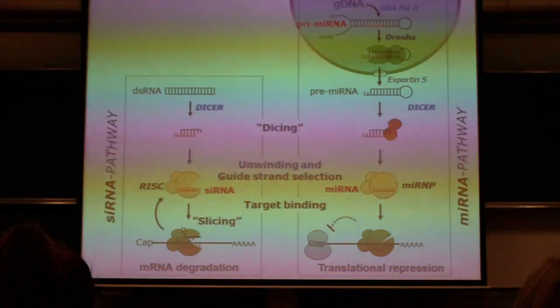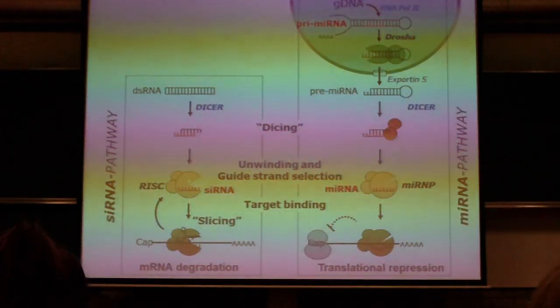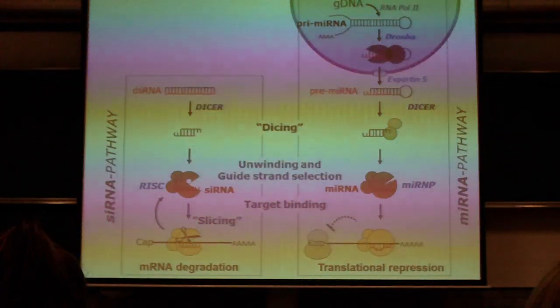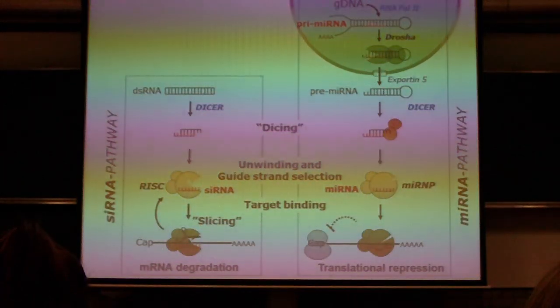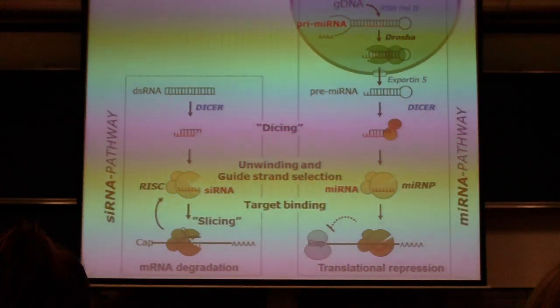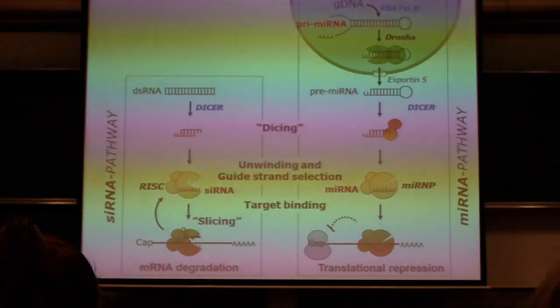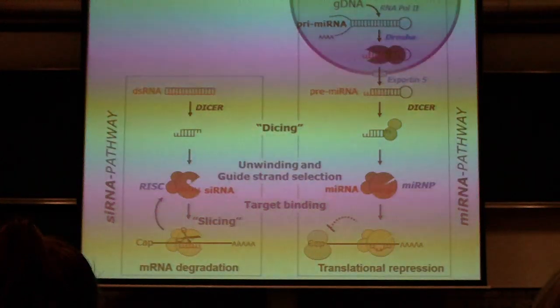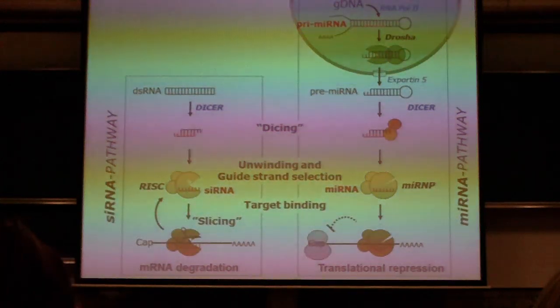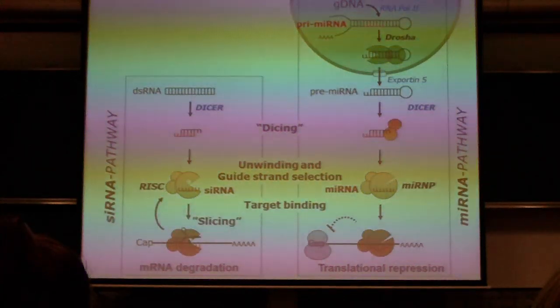That means that the duplex is not fully double-stranded, so it's not degraded in most of the cases, and only the translation will be repressed. What we know nowadays is that somehow these messenger RNAs are still degraded, by which mechanism we don't understand yet.